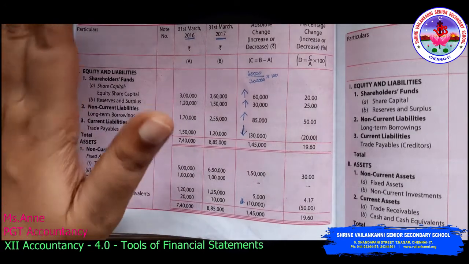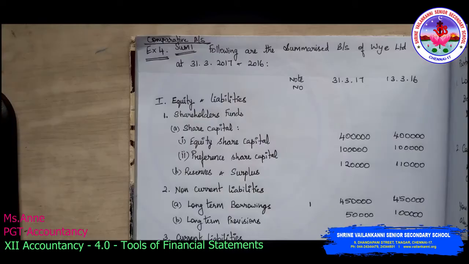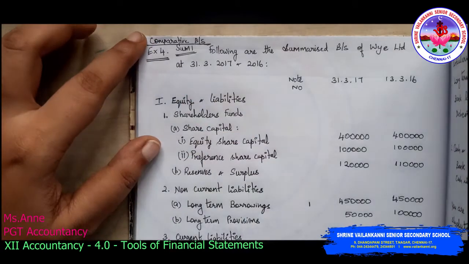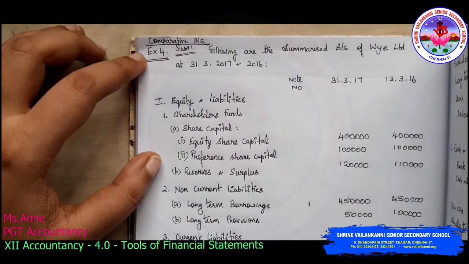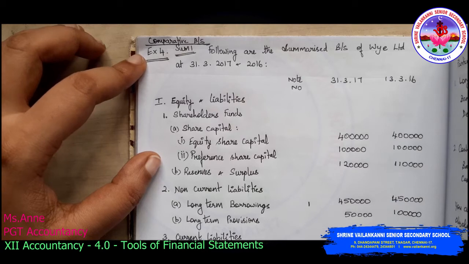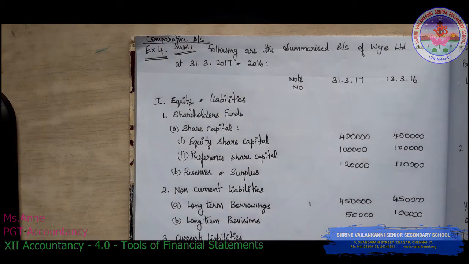This is the comparative statement. Is it very simple? Yes, of course it is very simple. Now can you look into this problem? I am going to work out exercise 4, question number 4 in the exercise part of the chapter. I'll show you which question I am working out.